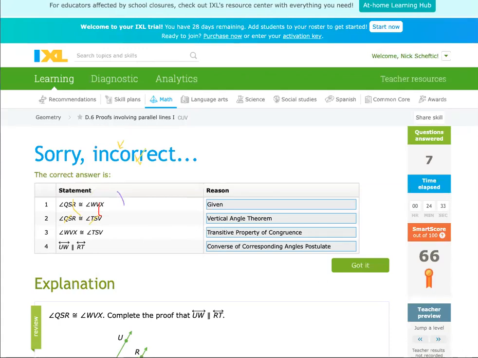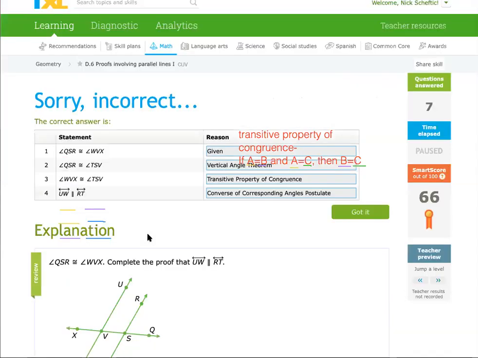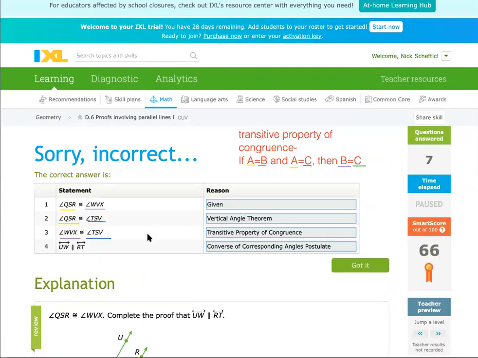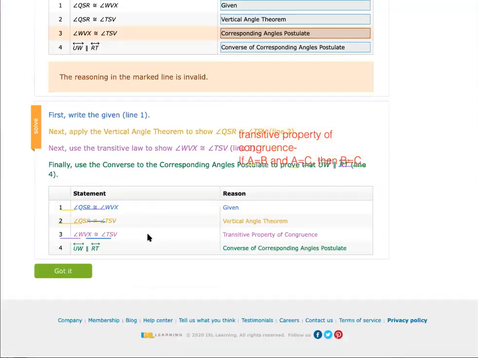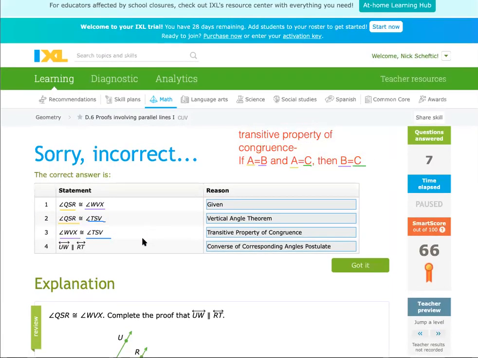Oh, let's see what we did. All right, this is a common mistake that can happen. I want to show you this. Transitive property of congruence is the right answer for the third one, and not what we answered before, which is corresponding angles postulate, because this way is going towards solving that the two lines are parallel.